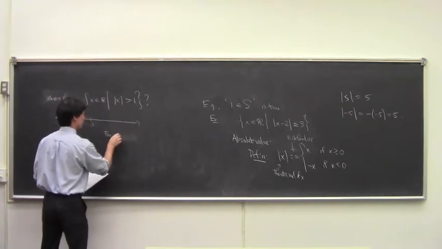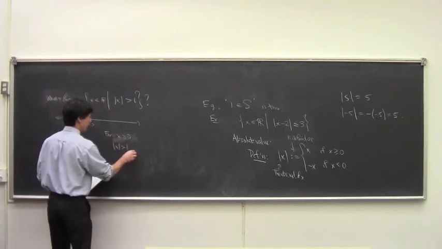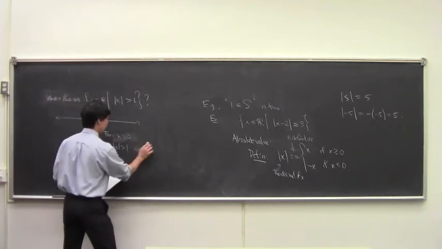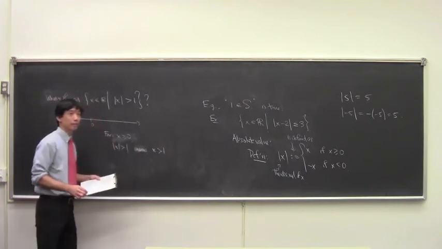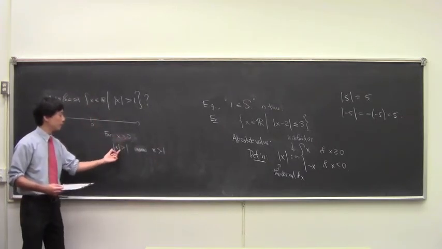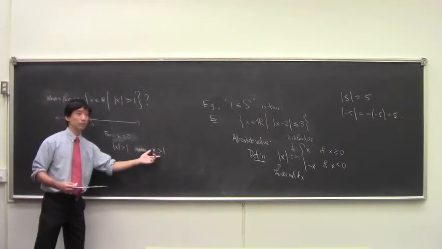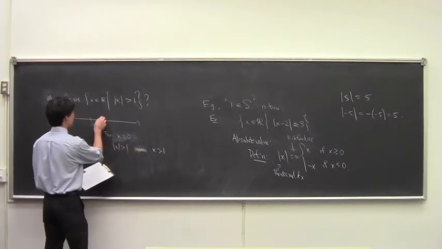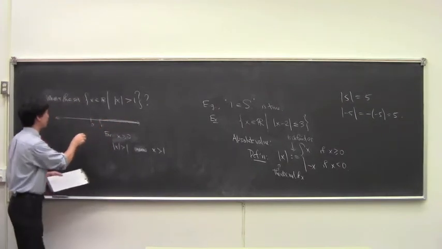So for x greater than or equal to 0, this thing just means x is bigger than 1, right? Because if you're positive, then the absolute value of x is just x. So this becomes this, okay? And so for positive numbers, we have these guys over here, right? Okay.